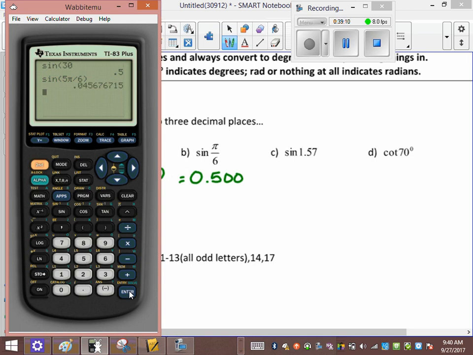Why? It's not in radian mode. And what did I just type in? Sine 5 pi over 6 radians. So I go to mode, change it to radian, and I go sine 5 pi divided by 6.